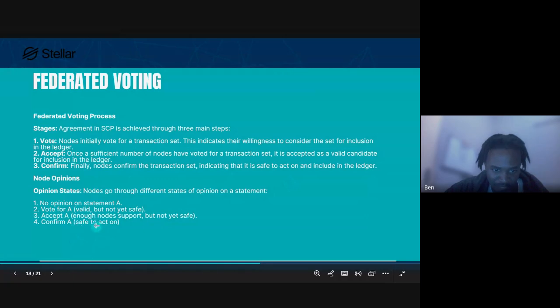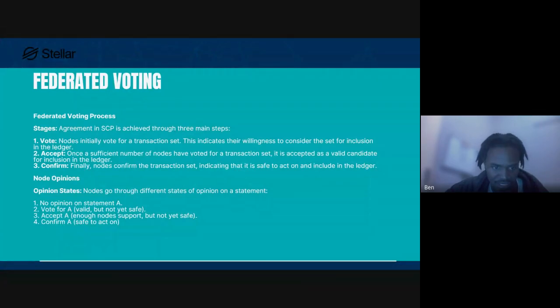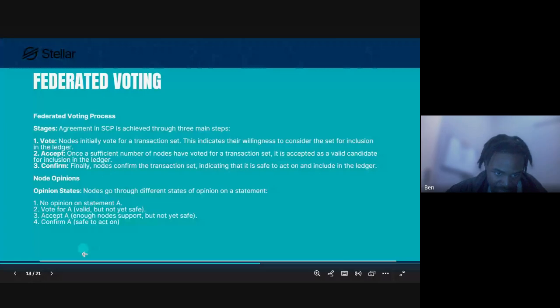This is when there's enough node support, but it's not yet safe. And then the last step is it confirms that, okay, this statement is in fact safe, if a number of quorum sets have agreed that A is indeed safe to act on. So these are the steps of the voting system, to ensure that consensus happens.